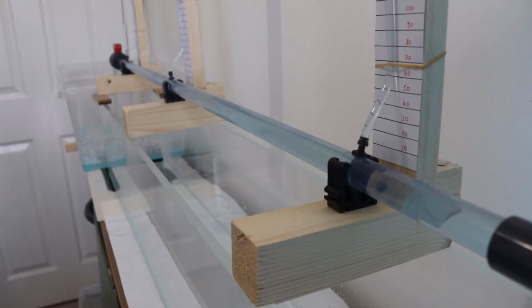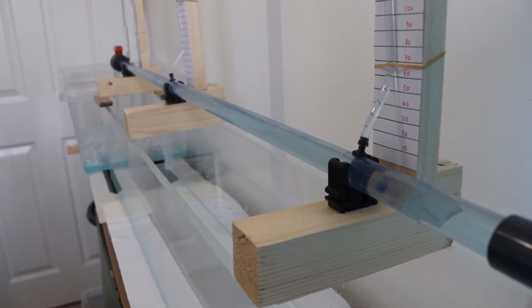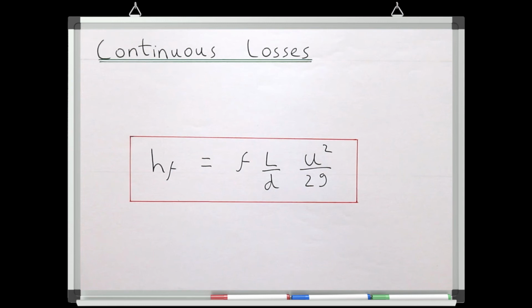To work out continuous losses due to friction and turbulence, we need to use something called the Darcy-Weisbach equation. This equation tells us how much energy we're going to lose as a result of continuous losses. In this equation, F is something called the friction factor, which quantifies losses due to friction and turbulence.